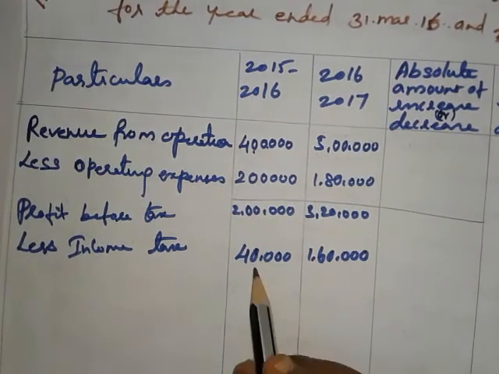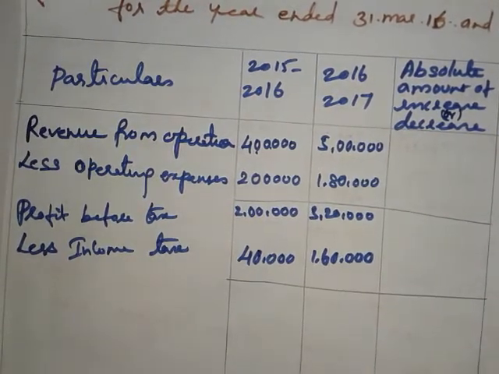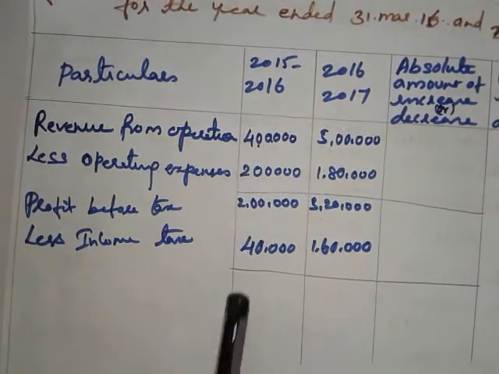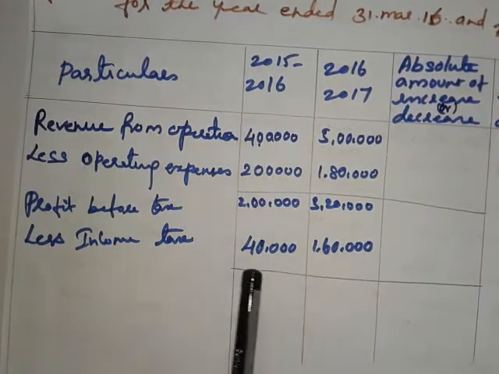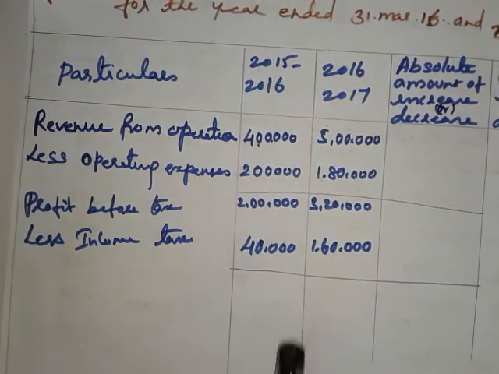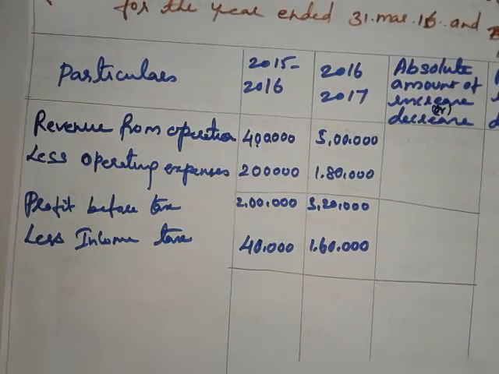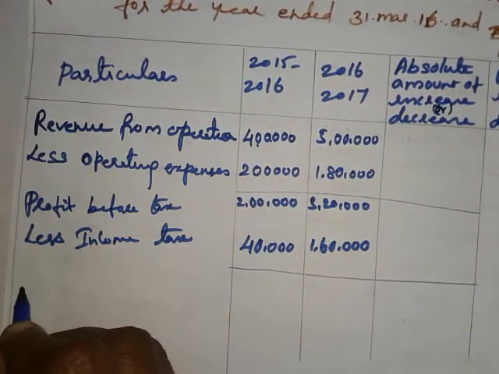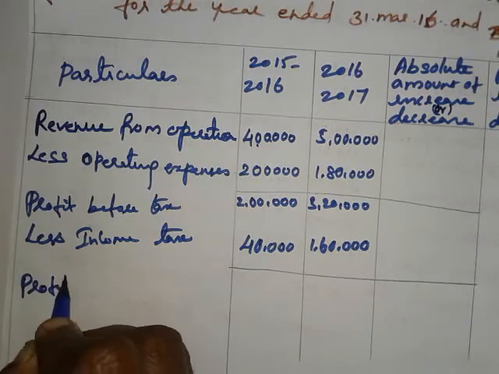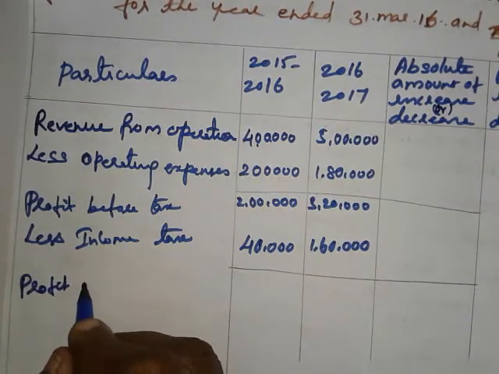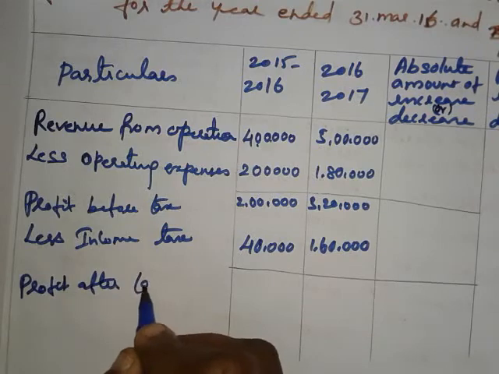So now we have to find out profit after tax. We pay the tax here. First year we paid 40,000 and second year we paid 1,60,000 as income tax. After that we are getting profit. This profit is known as profit after tax.